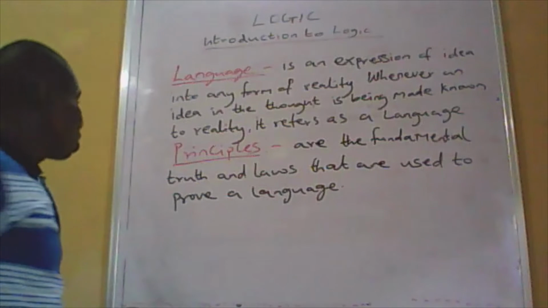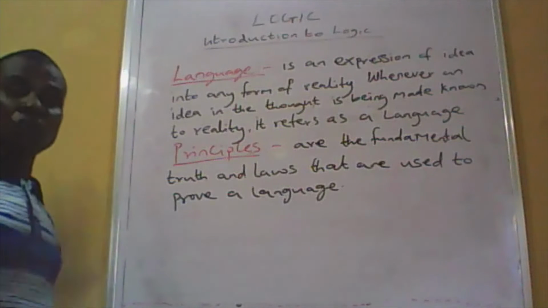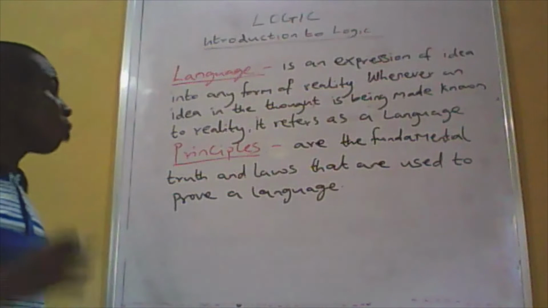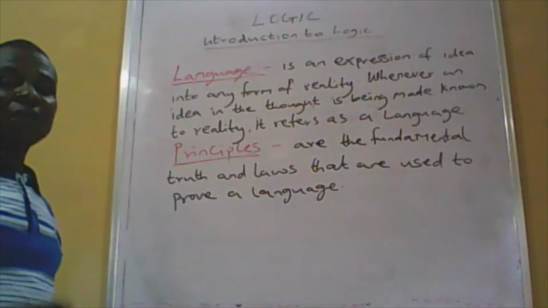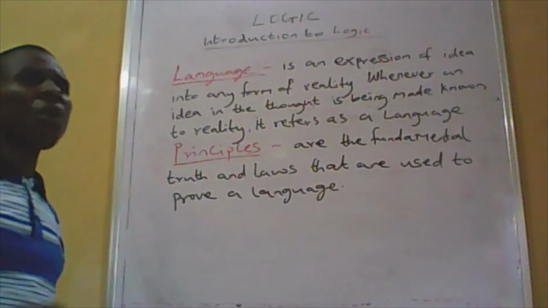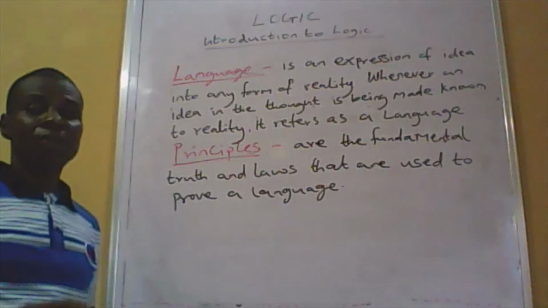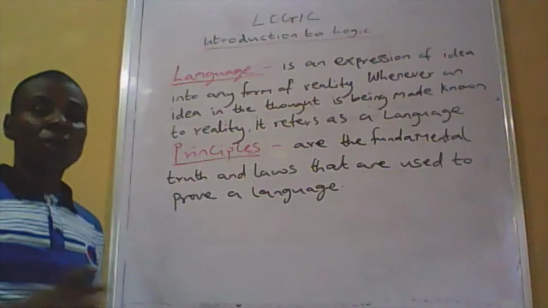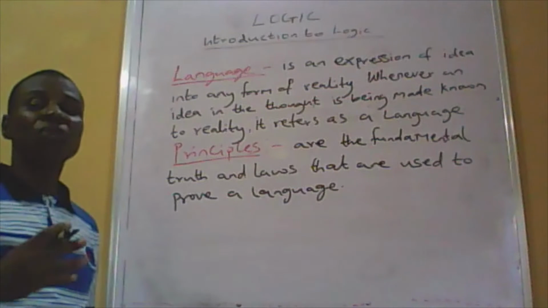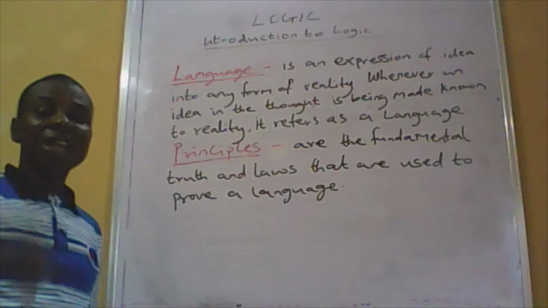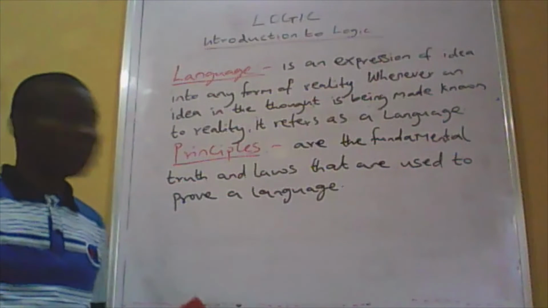That means all the rules or truths that are being used to prove a language are the principles. In other words, principles are the parts or the elements of a language, that without principles there will be no language. So it is what we use to prove a language, because they are the elements of the language that without them language cannot come into existence.